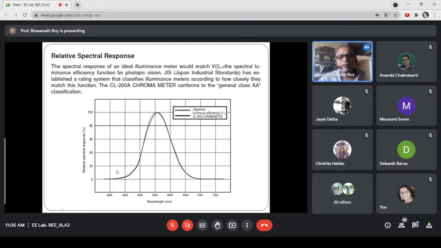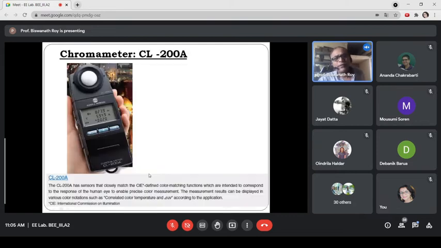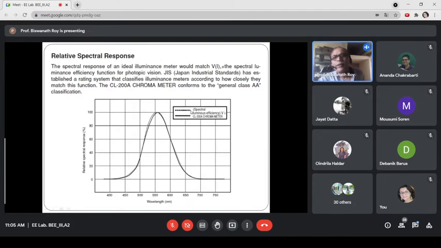And as I told you, the spectral response of the sensor here is represented by the solid line, whereas the spectral response of the human eye is shown by the dotted line. This diagram shows that the spectral response of the chromometer sensor is not exactly the same as the spectral response of the human eye, but very close.